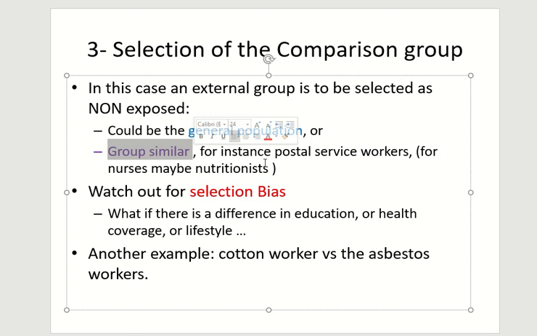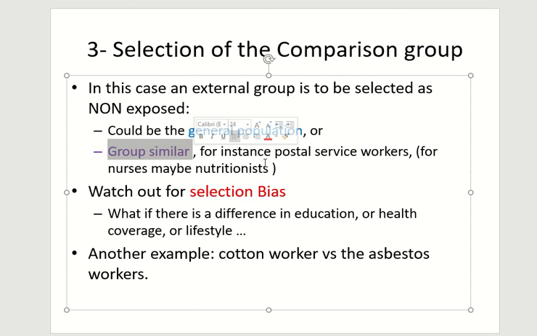Or for example, for the nurses, instead of going to the general population to get my comparison group, I can go and find them among nutritionists. For example, nutritionists also have health education. They also work with patients. So they might resemble nurses on some level. However, they're not nurses and therefore they're not required by law to be vaccinated.